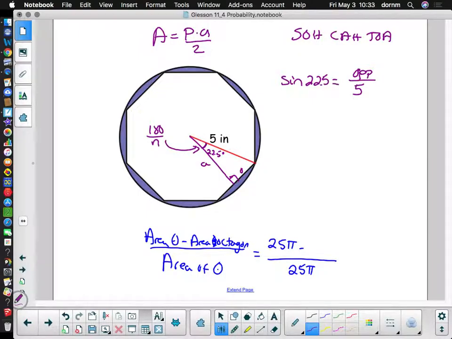Multiply both sides by 5, because that constant's in the denominator, cancels. I get 5 times sine 22.5 is 1.913. No, you can't do it that way.